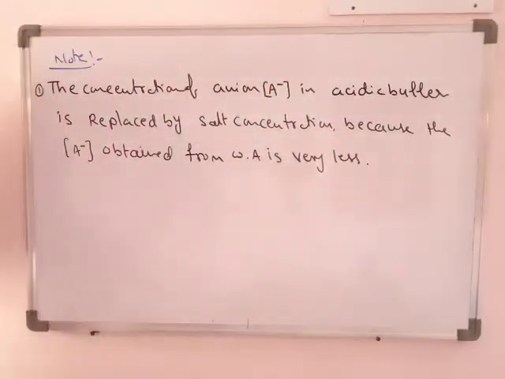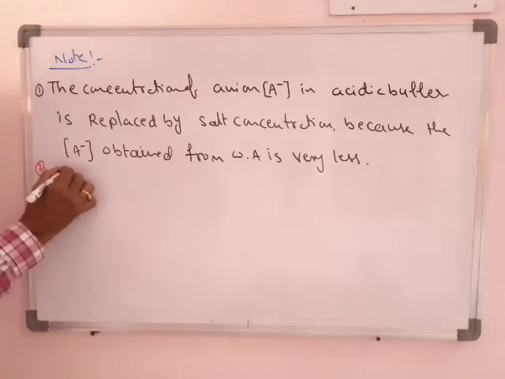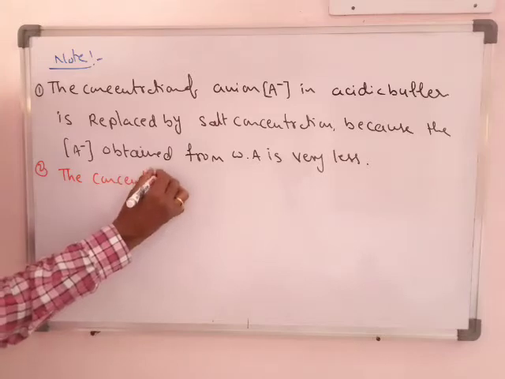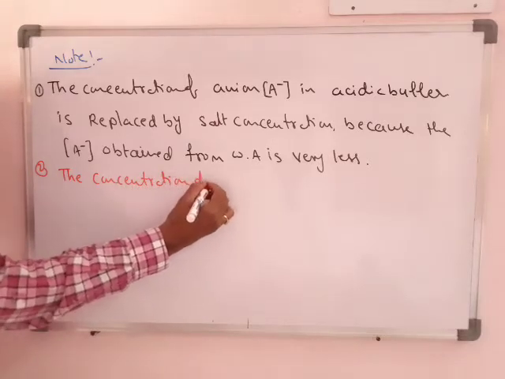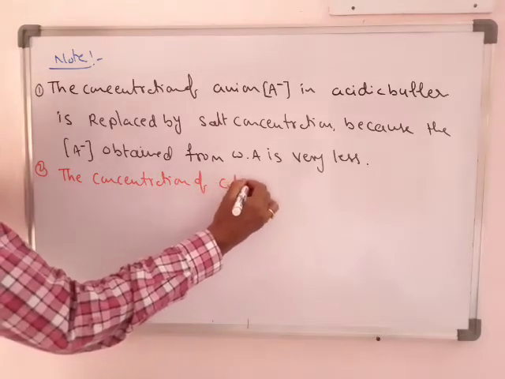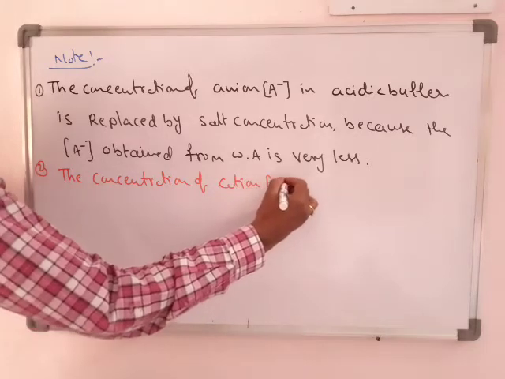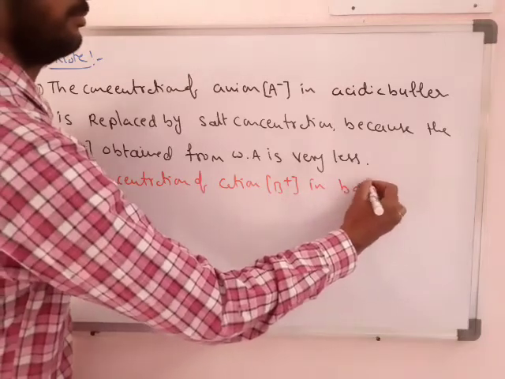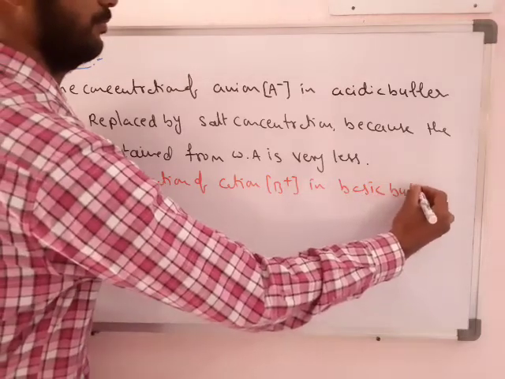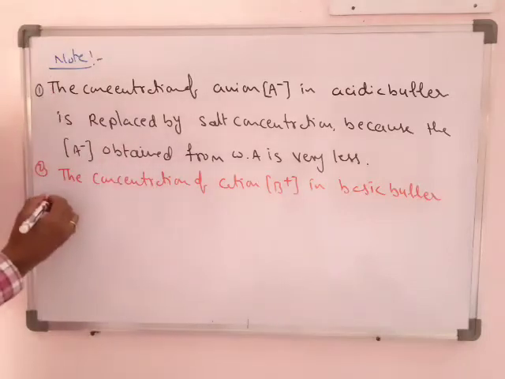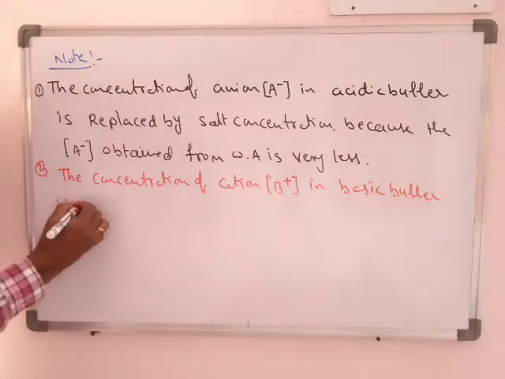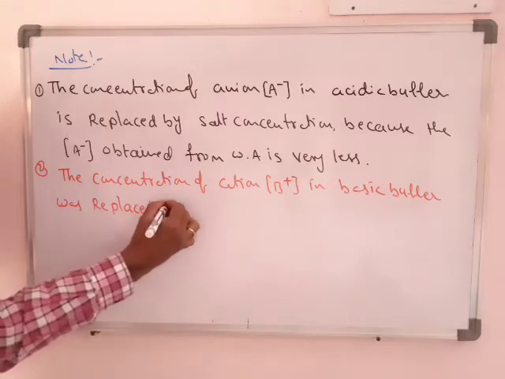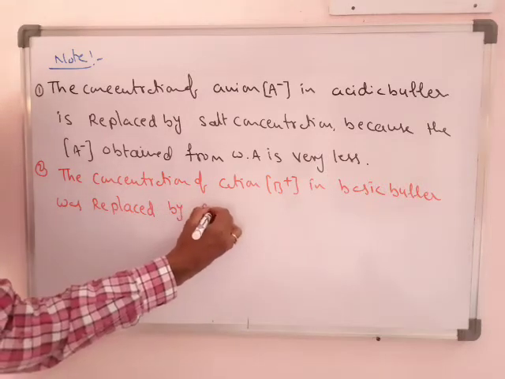Okay, and similarly we can write the same: the concentration of cation B plus in a basic buffer solution was replaced by salt concentration.